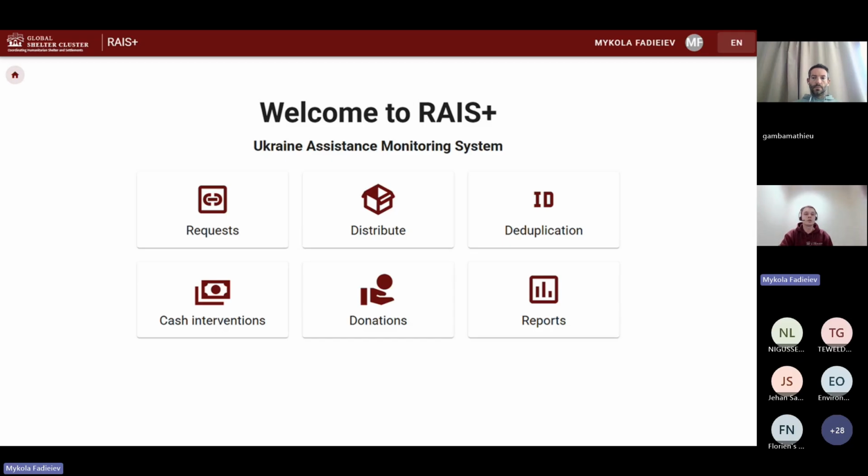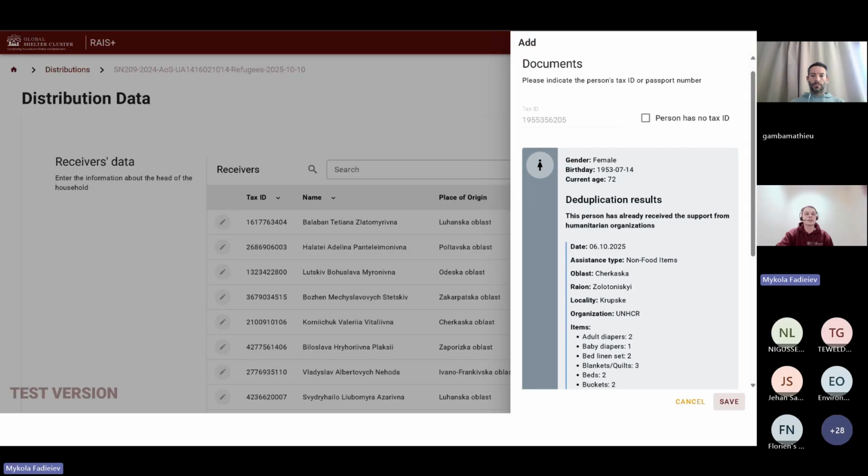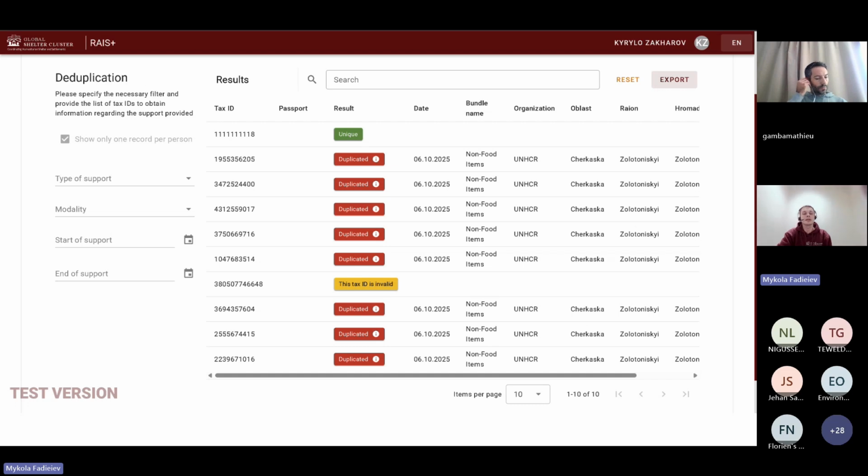I mentioned only two activities, solid fuel distribution and cash for utilities, but the platform contains all the activities of the shelter cluster. And just a few slides from this platform. It has two options: manual deduplication, as you can see on the screen, based on the tax IDs, and bulk upload based on Excel spreadsheets.